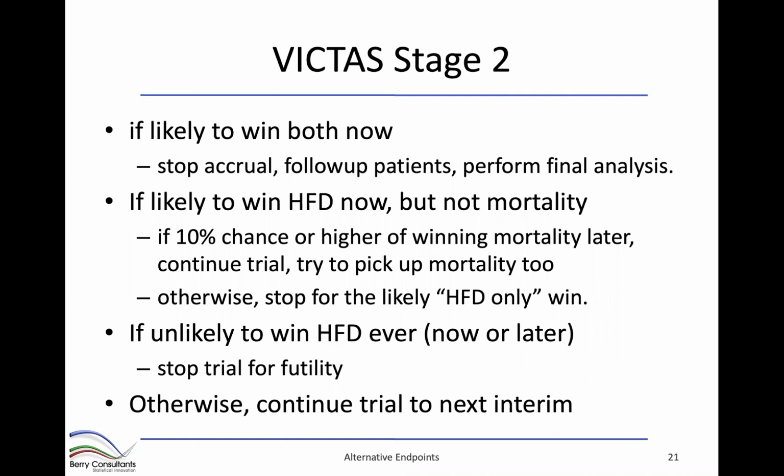Notice that pressor and ventilator free days is the primary endpoint, so we don't have the case where we'd have a good shot at mortality, but not pressor and ventilator free days. We considered that incredibly unlikely. This was a risk that was predetermined and we decided we would take it. And of course, otherwise, we would continue the trial to the next interim. So if we have a modest chance of winning now, and we have a decent chance of winning later, we would just keep going and see what happens.